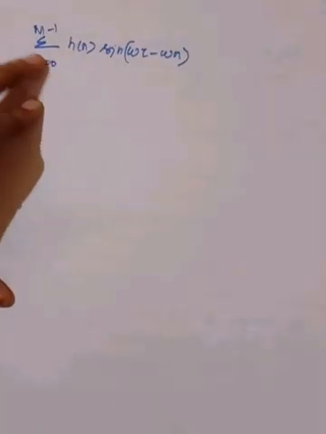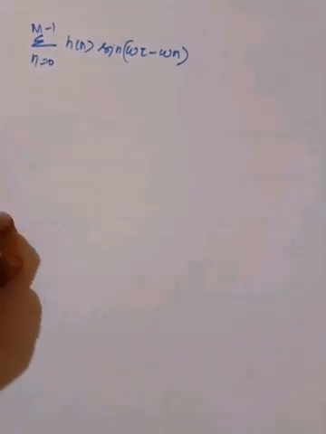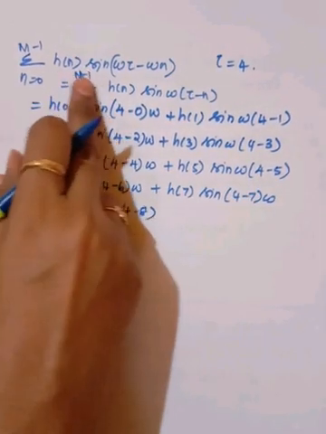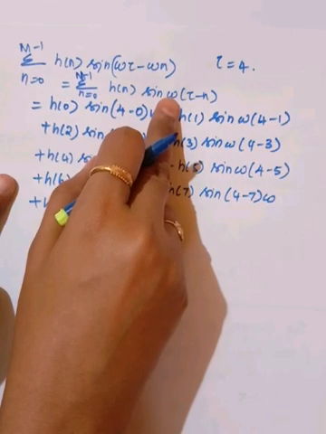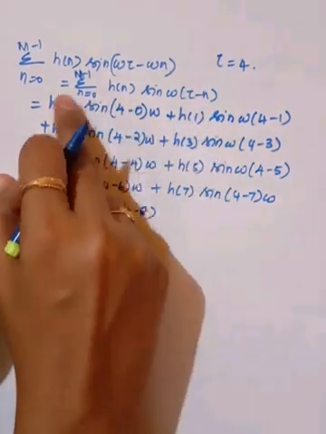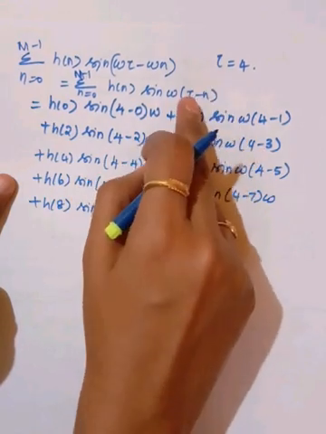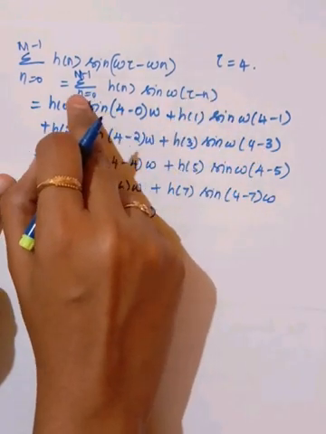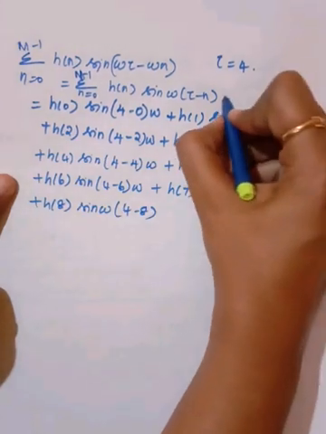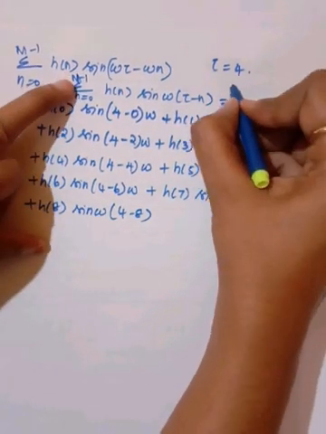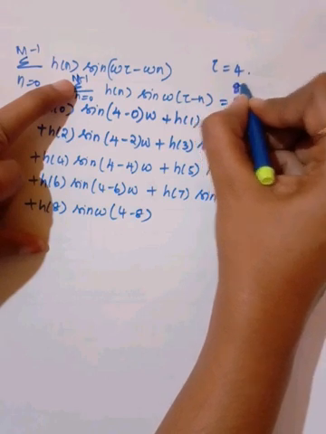According to our problem, we need to prove this is equivalent to 0. Now we will use some derivations and prove that this is equal to 0. Now consider this equation. Here omega is common, so I have taken omega outside, tau minus n. Now substitute the values of n and tau. Tau is 4, so n runs from 0 to M minus 1, which is 9 minus 1, so 8.